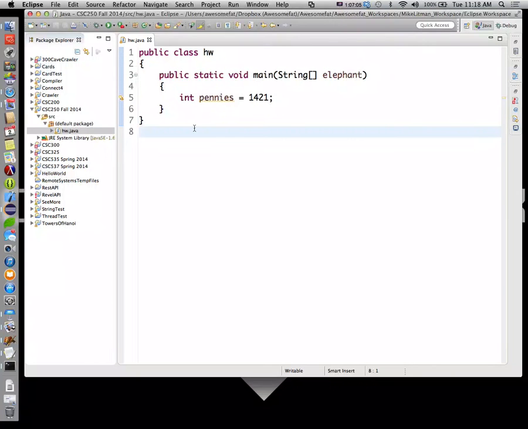We're going to write a program where you create a single variable called pennies, and you put in the number of pennies you might have. So in order to change your input, you would modify this value. Your program should then calculate how many dollars, quarters, dimes, nickels, and pennies that's equivalent to, and print it out to the screen.